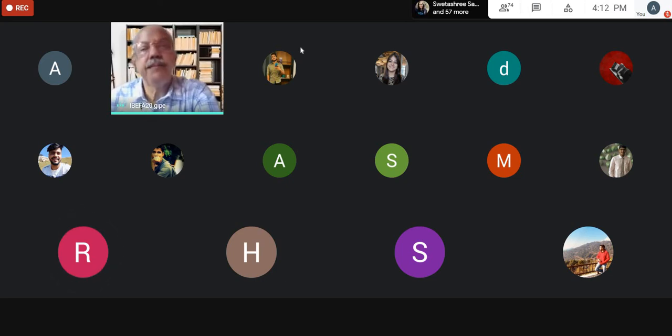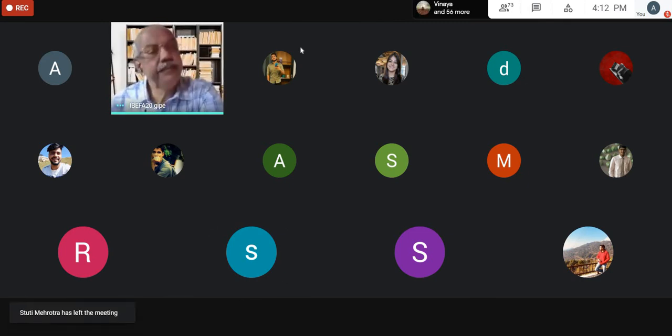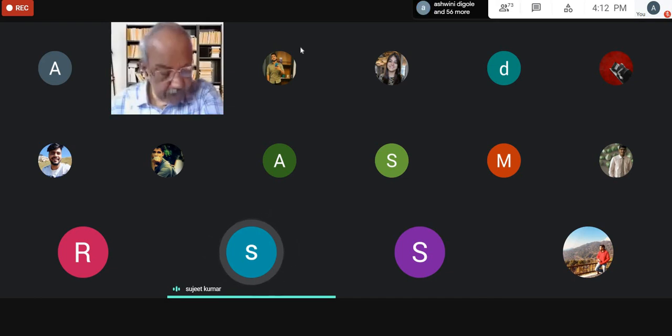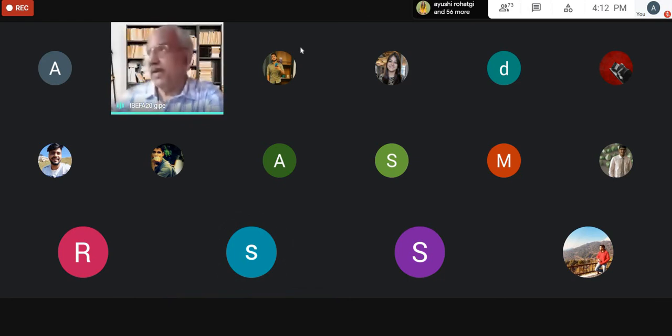Sujit Kumar. Yes, sir. What is the meaning of count data? So the data that can be counted, it cannot be measured. For the count data, we apply the chi-square test. No, I am asking the difference. Count data.